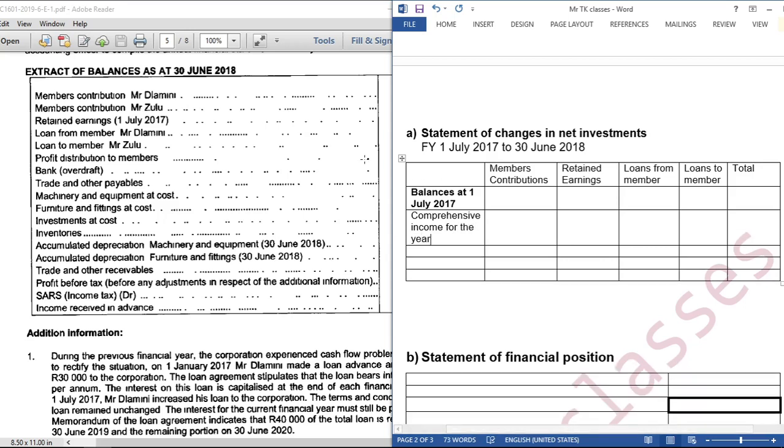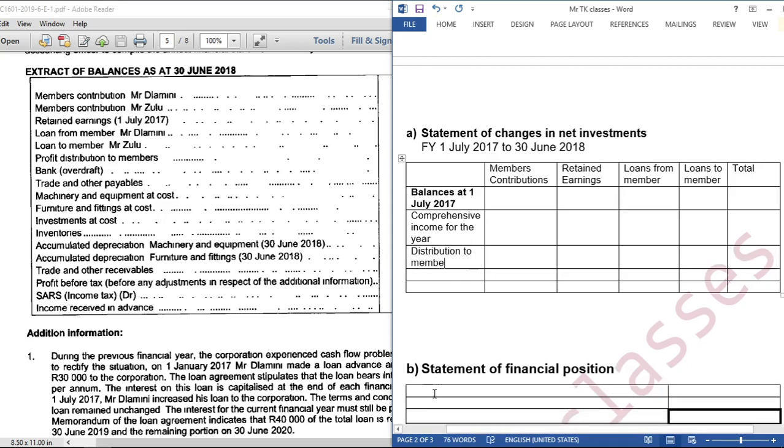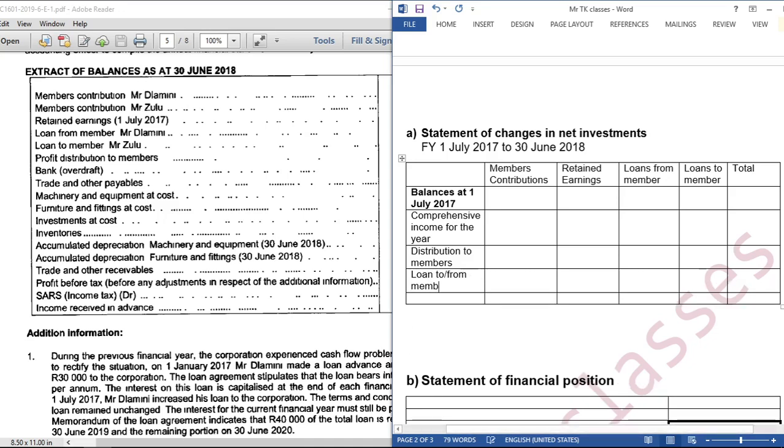We are also going to have distributions to members. We are going to have loan to or from members, right?